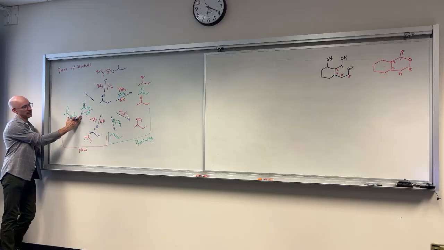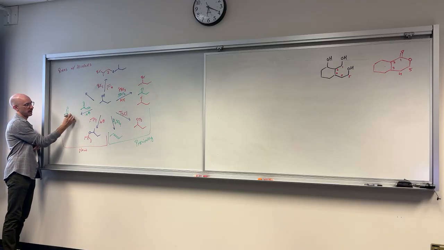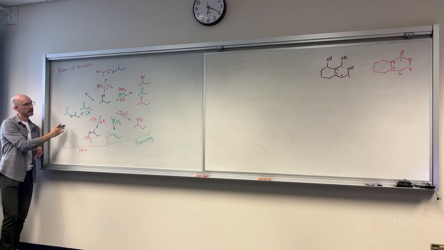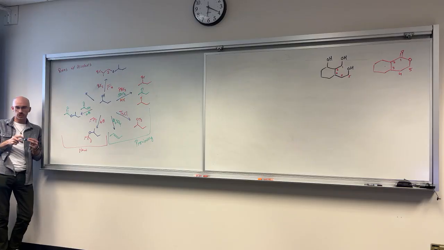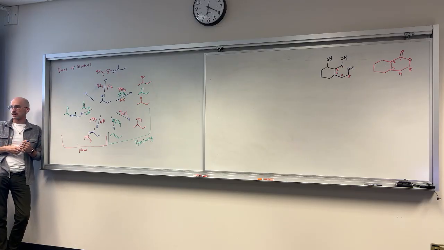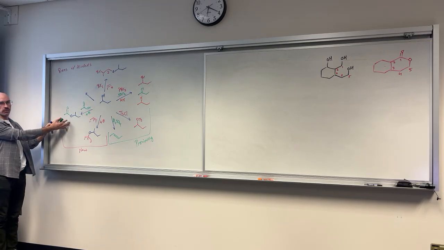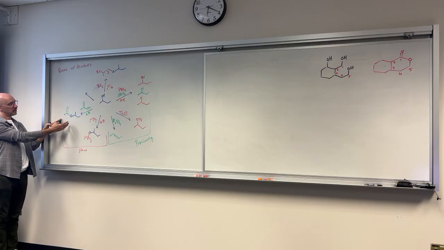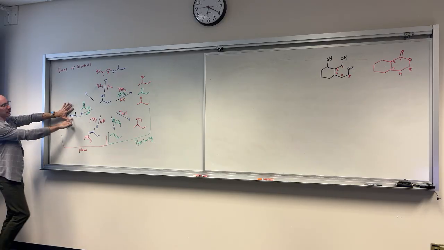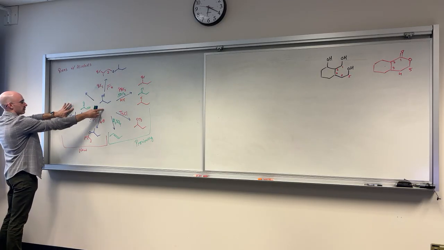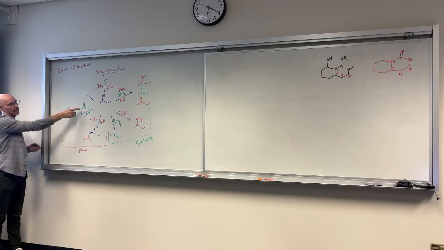Once again, that ester chain is the alcohol's carbon chain. This is almost like the reverse of reducing the carbonyl. If I took this carbonyl and I reduced it, one of the products I would get is this alcohol. I wouldn't get a carboxylic acid.